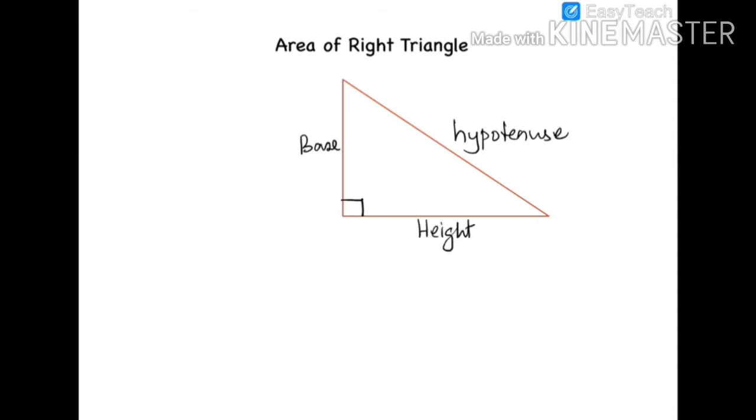And we can find out the area of this triangle by multiplying these two sides with half. And if we take this side as the base, then the other perpendicular side becomes the height. But if I want to take hypotenuse as the base, then the corresponding height will be drawn from the opposite vertex to the hypotenuse.